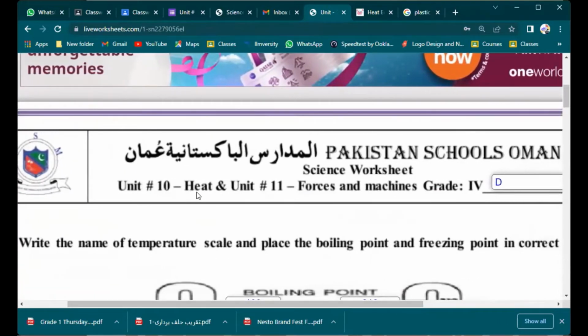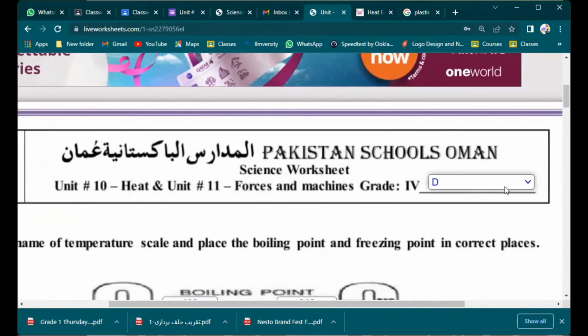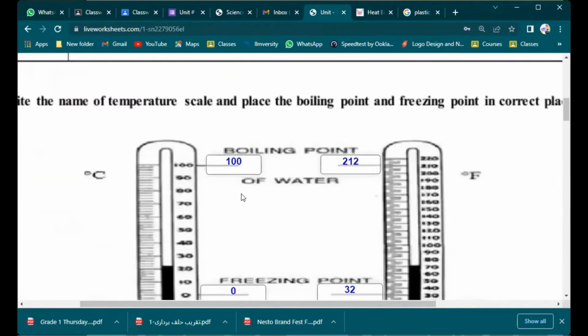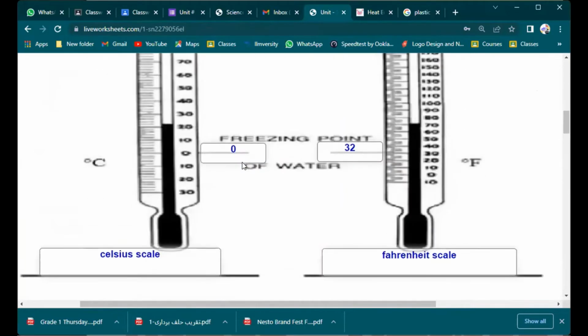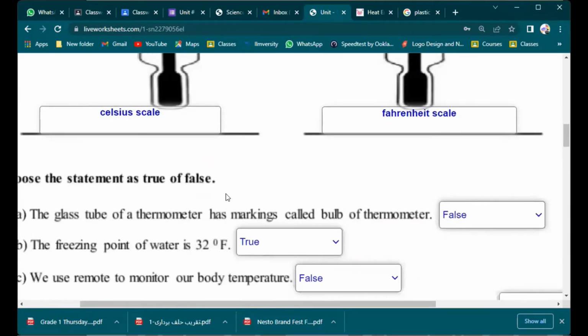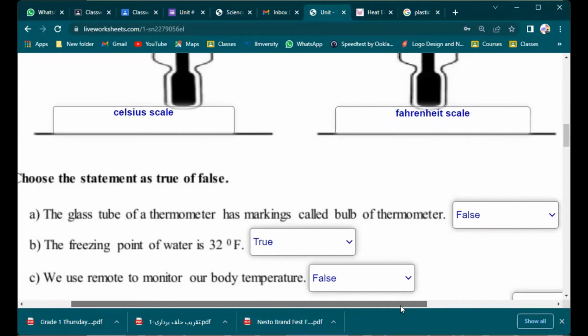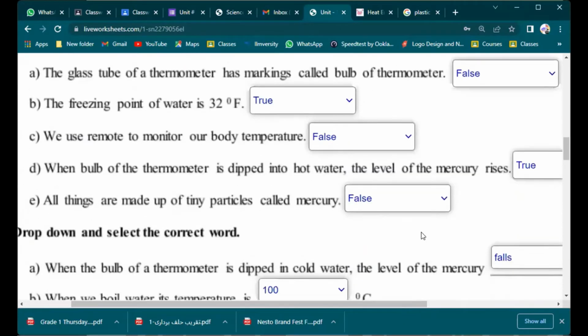So students, first of all, you have to select your section, whatever the section it is. Okay. After that, you have to write the correct words with no alphabets. And here you have to write the name of the scale in small letters. And after that, you have to find out whether the statement is true or false.